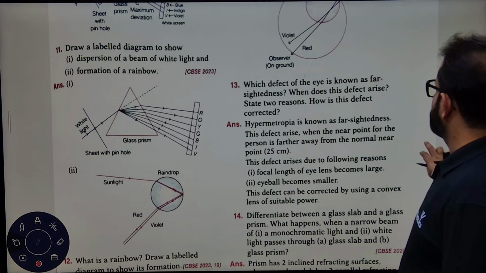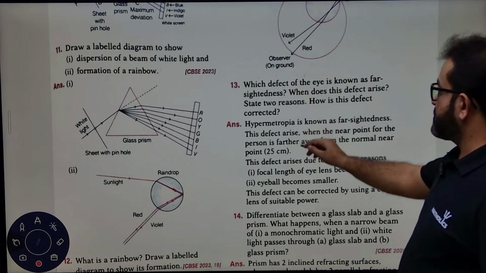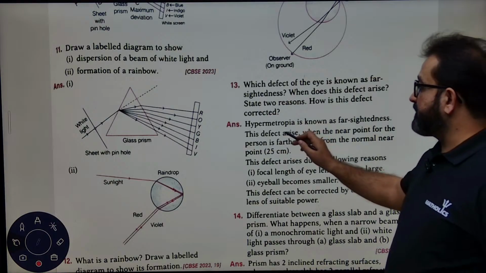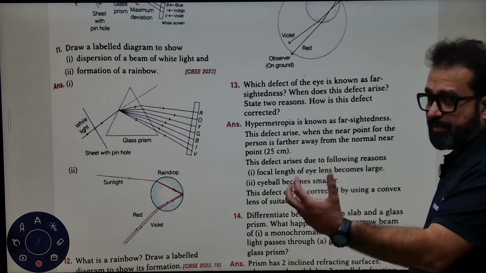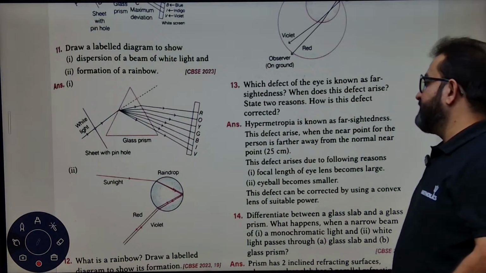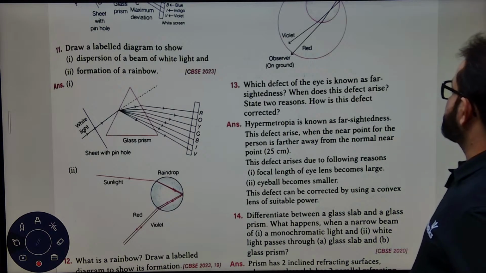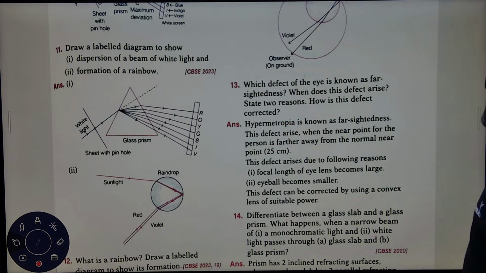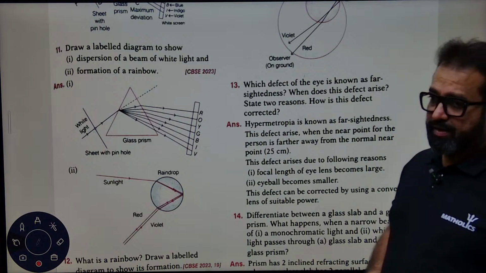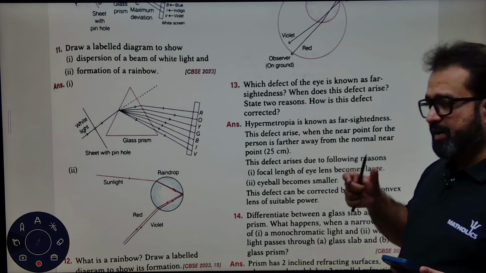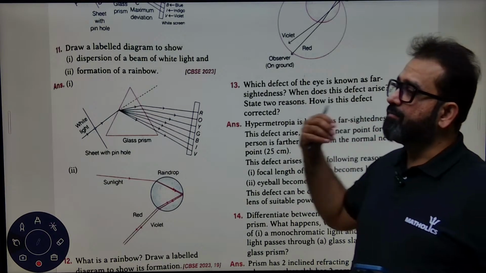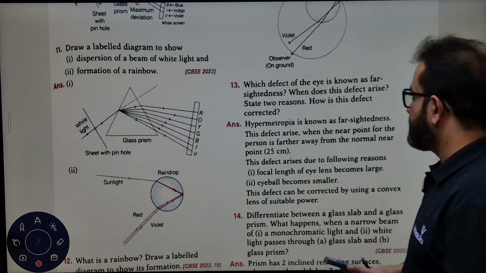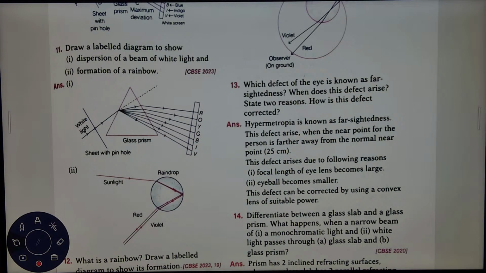This is also a point to be mentioned: the hypermetropic defect arises when the near point for the person is what? It is farther actually, right? When the near point for the person is farther away from the normal near point, 25 centimeter. What is the near point? Near point is that point up to which you can see clearly, right? And this near point is more than 25 centimeter. You cannot see that object. Yes or no? Okay.